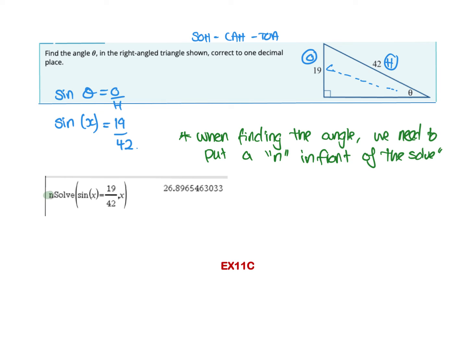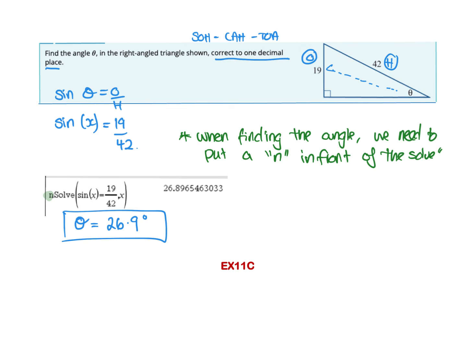You just type the letter n, then go menu 3-1 and do solve. And you can see I've typed in the same equation, and I've gone comma x. Then at the end, when we're stating our answer, we say the angle equals. Now it says correct to 1 decimal place, so this one will be 26.9. Angles are measured in degrees, so we put a little 0 up there like that, degrees, and there's our answer.